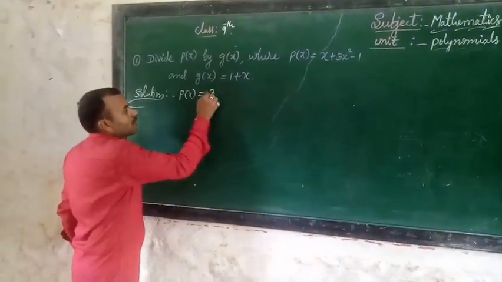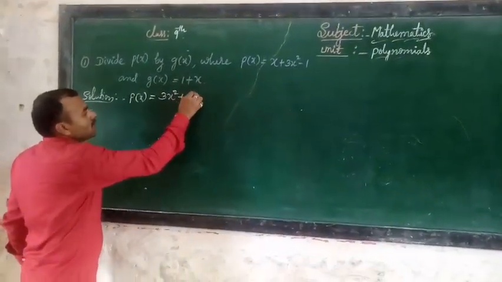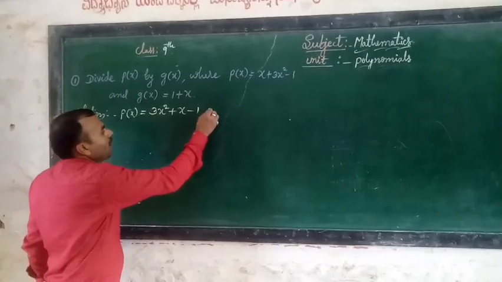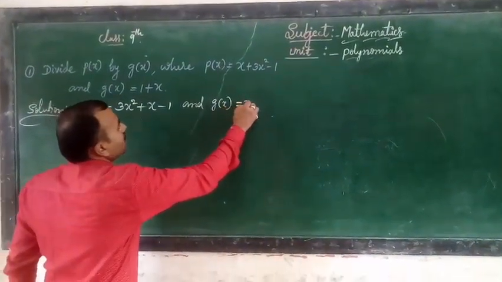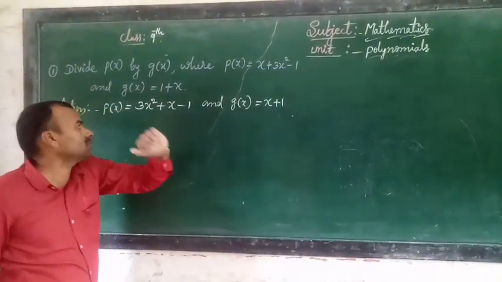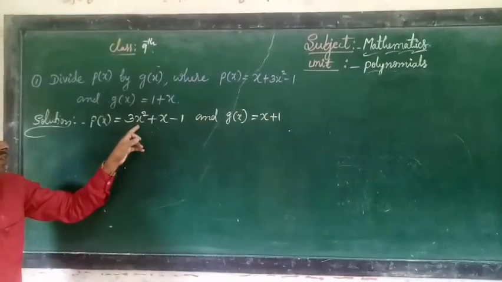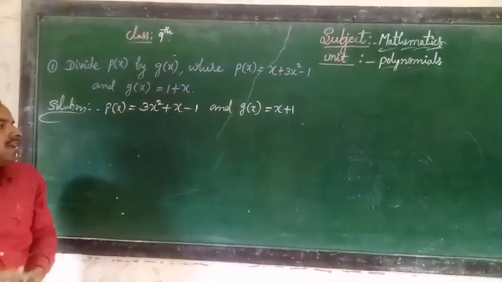Now I write in descending order of the power: 3x square plus x minus 1, and g of x equals x plus 1. First write the variable and then the constant. Here the highest order of the variable is x square, then x to the power of 1, and finally the constant.